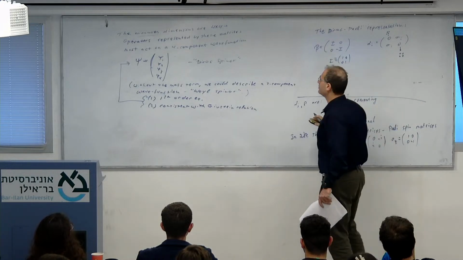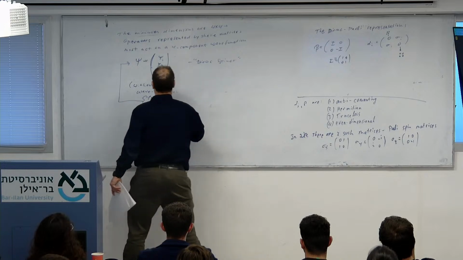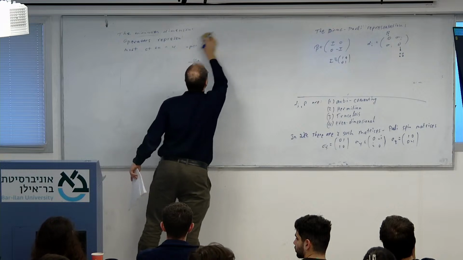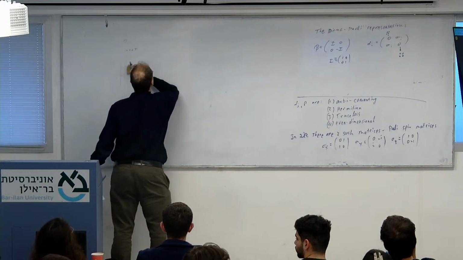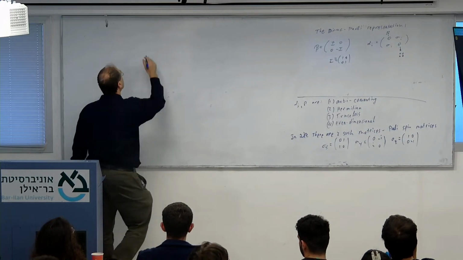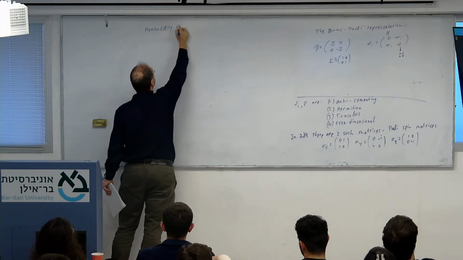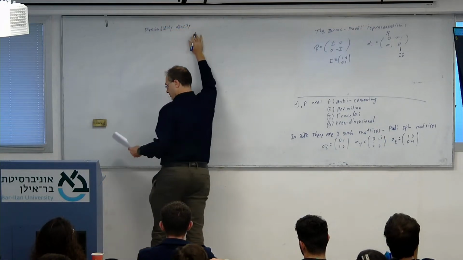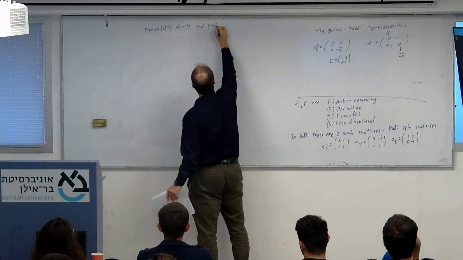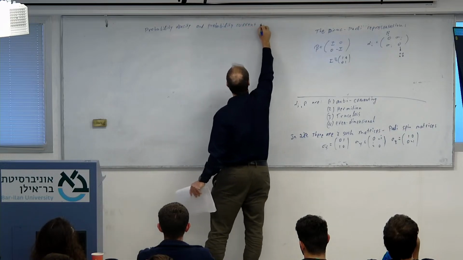So, the probability density and probability current of the Dirac spinor.